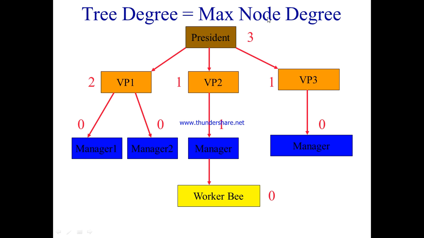So the max node degree is 3, and we take that as the tree degree. Among all the nodes, the maximum node degree is 3, so the degree of the tree is equal to 3.